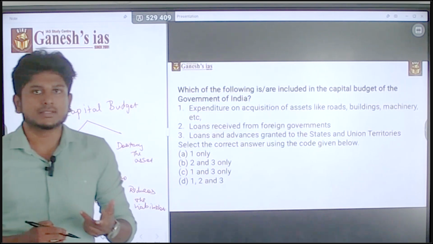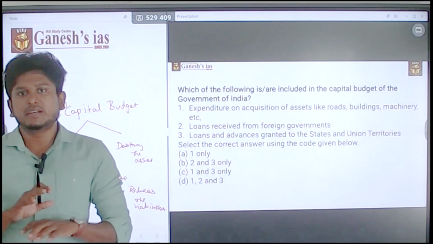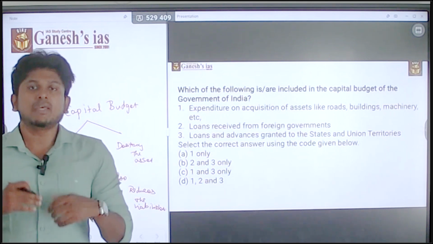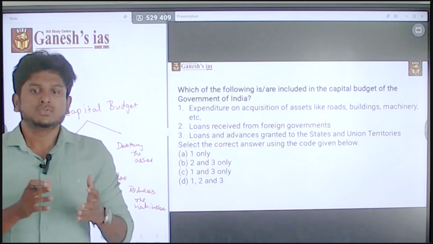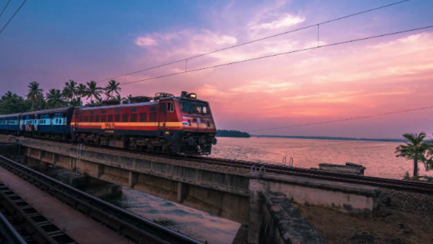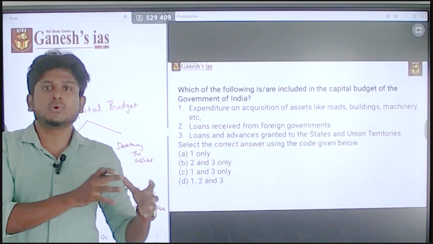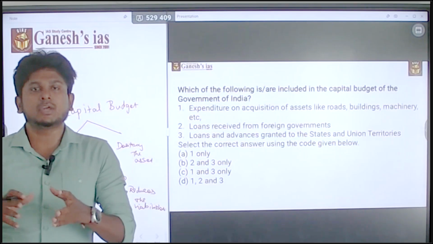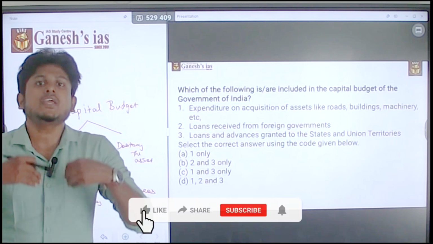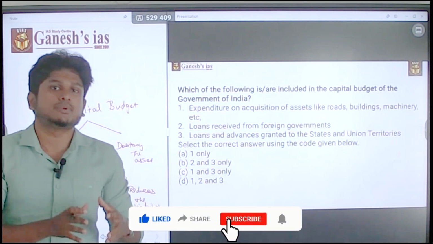Or else, destroying of the assets, which means they may sell the products. Consider that if the Indian Railway is going for privatization, means they are going to sell the Indian Railway. Which means they are giving away their assets, so that also comes under the capital budget.